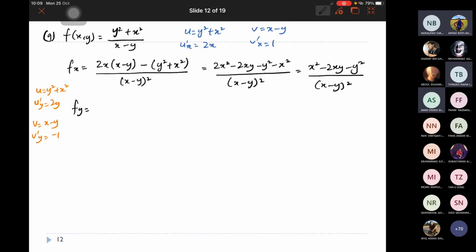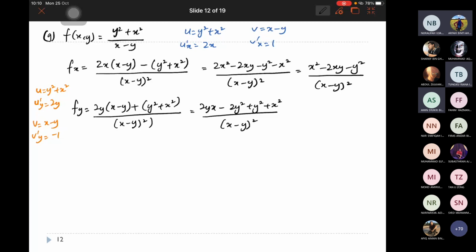So from here, we want to take v u prime, 2y times x minus y, v u prime minus u v prime plus y squared plus x squared over v to the power 2, v squared is (x minus y) squared. So similarly 2yx minus 2y squared plus y squared plus x squared over (x minus y) squared.